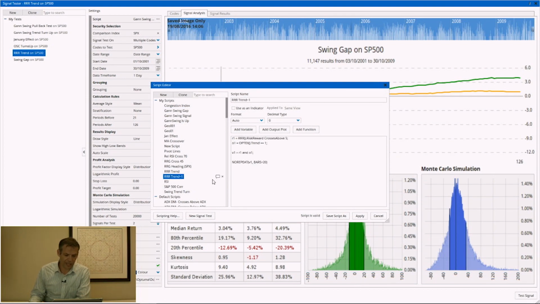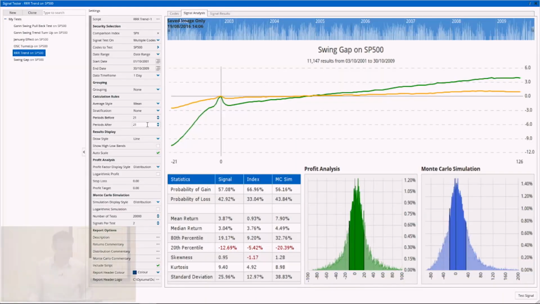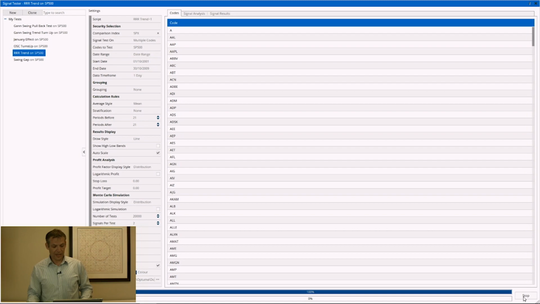And okay, so I had 2 copies of that. Let's grab the one we just used, hit apply to that. And with this one, because I know that risk return reward ratios, etc. is not a long-term trend, I'm not trying to capture something over a year. I just want to do this over a month and see how we go. So again, we're going to put 21 in here, and then we'll hit test signal and let that run.